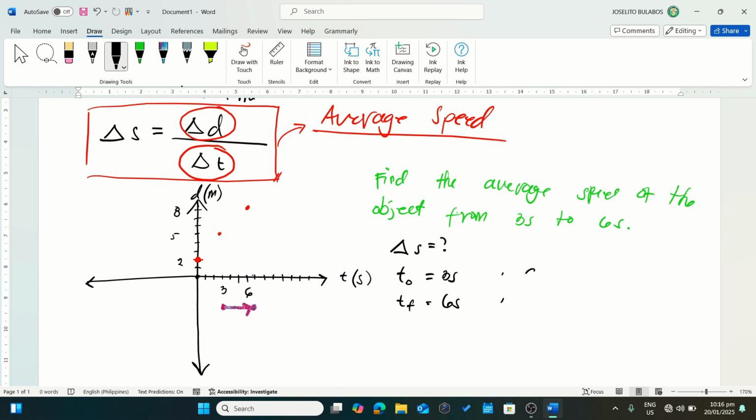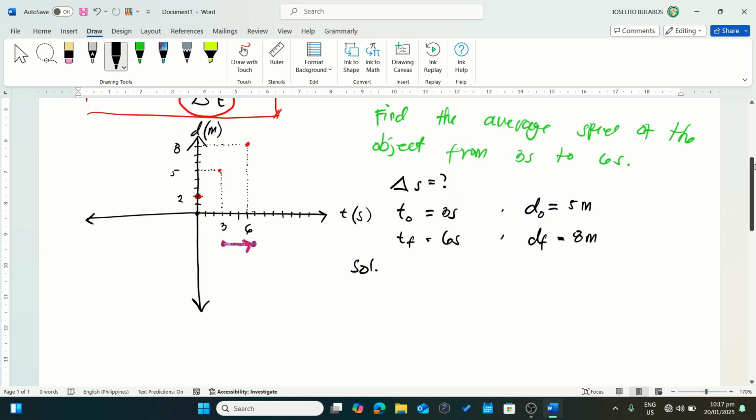Now we know that the position of the object initially at t equals 3 seconds is 5 meters. Now the position of the object at 6 seconds is 8 meters.